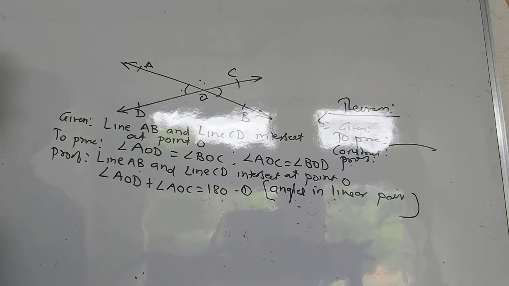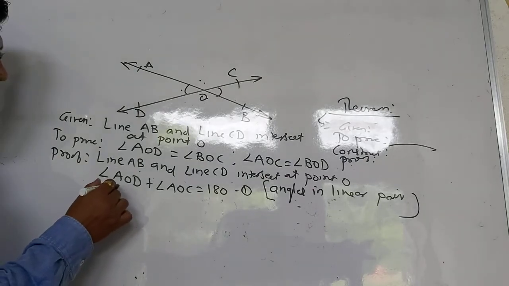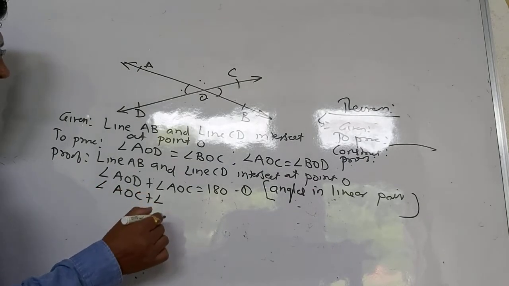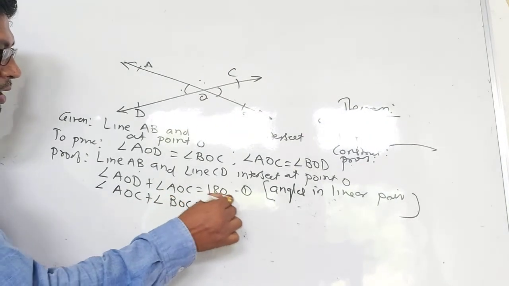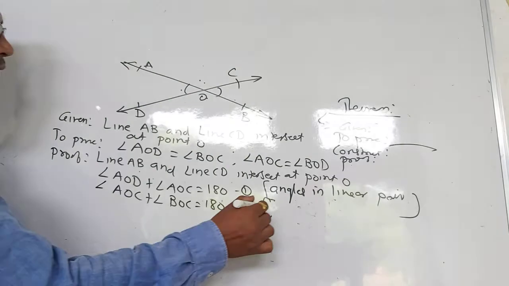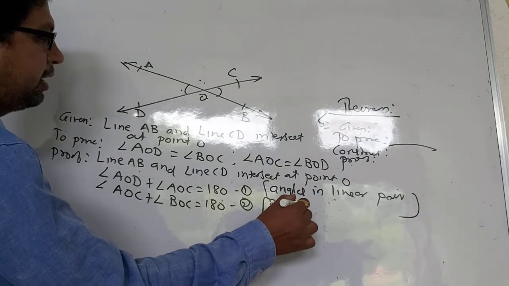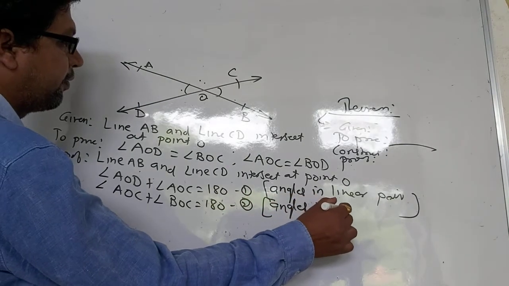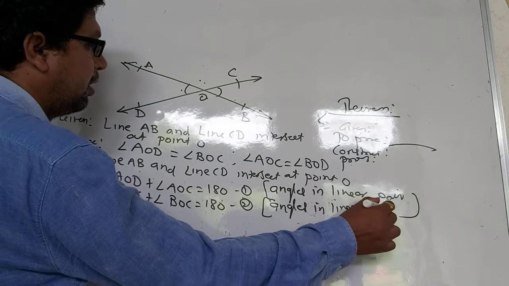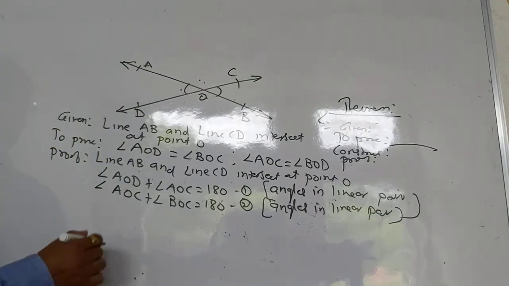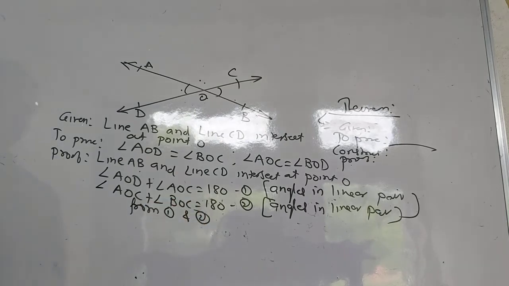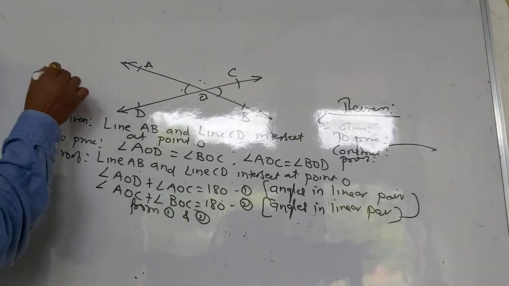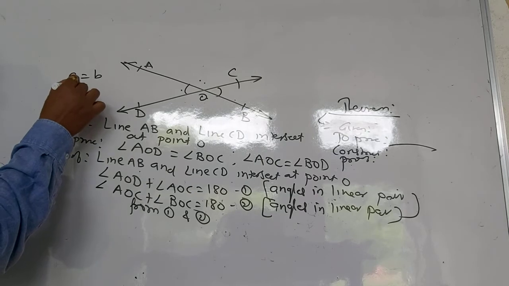Second, in the same way, angle AOC plus angle BOC is equal to 180. You can give the same reason, angles in linear pair. Now from 1 and 2, if you see, if A is equal to B and C is equal to B, like this.